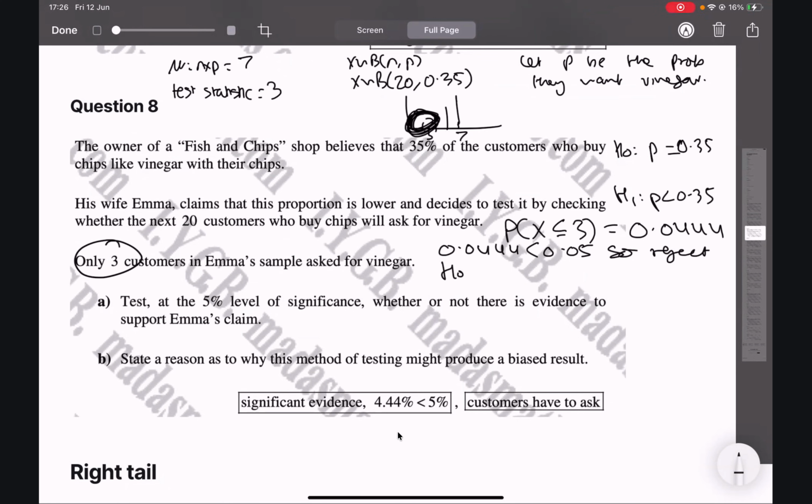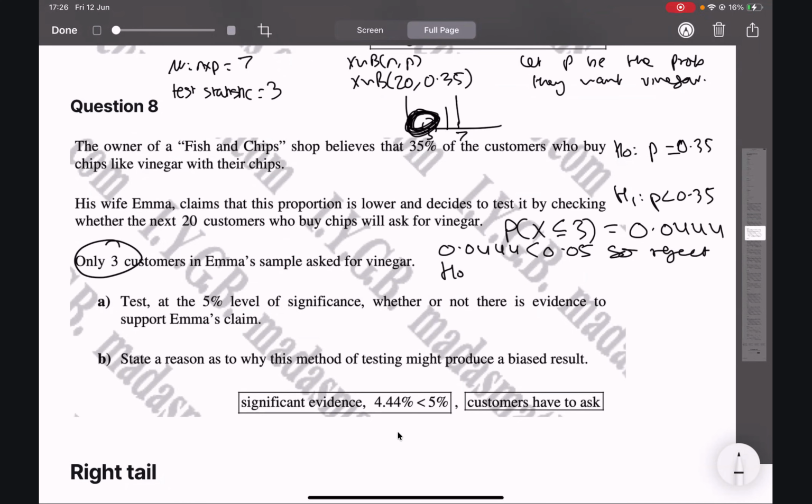Less than 35% of people want vinegar. Exactly. Because we would have expected 7 people to ask for vinegar, but only 3 people asked for vinegar.